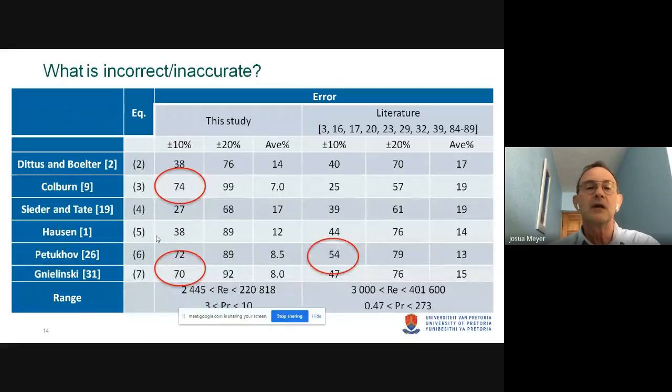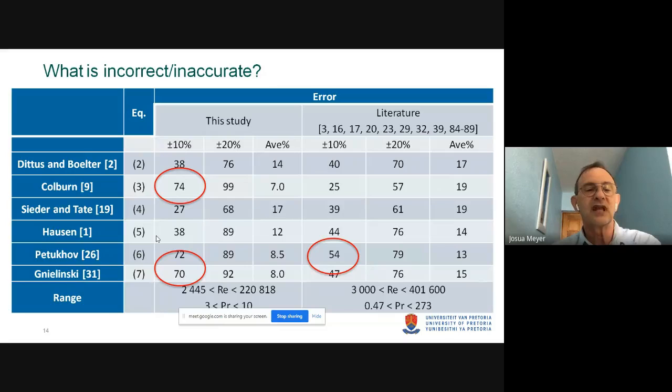Thank you. So here we can see, in the 3 columns on the left, this study compared with that of Colburn, Sieder and Tate, etc. Here we can see plus or minus 10%. We have found that for the Glinsky equation, just 70% of the data would be within the 10% error mark.